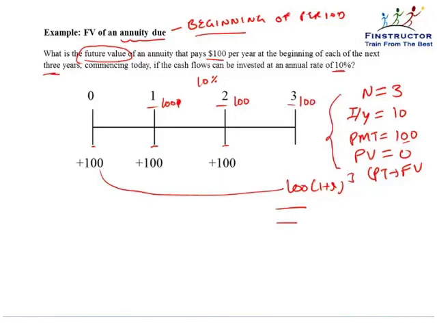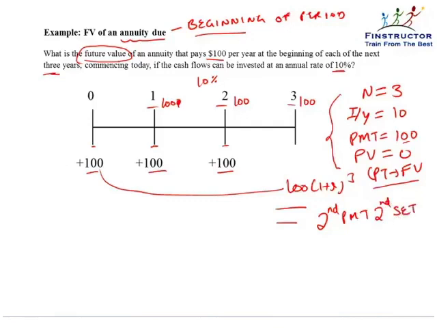But that's not the case. We need to tell the calculator that the 3 payments of 100 this time are coming at the beginning of the years. So before I press compute, we need to tell the calculator that these payments are coming at the beginning of the periods. So press second and press PMT, and then press second and press enter.